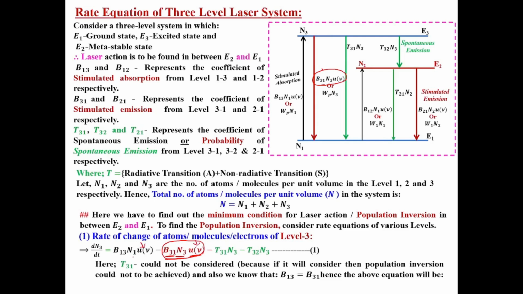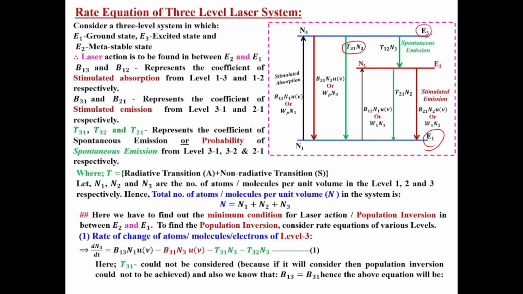That means the rate of stimulated absorption or emission depends on the energy density, but the spontaneous case does not depend upon the energy density. So I suggest that you go through the previous video. Now another transition, that is your spontaneous emission from E3 to E1.